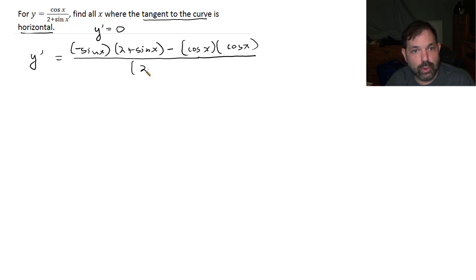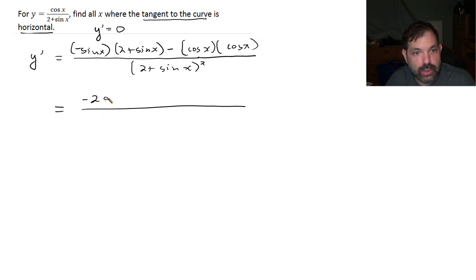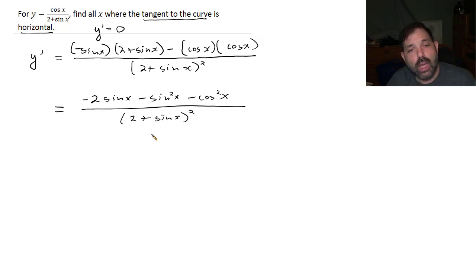The denominator is 2 plus sine x squared. All right, let's simplify the numerator. This would give us a negative 2 sine x, a minus sine squared x, and a minus cosine squared x. And the denominator we leave alone, 2 plus sine x squared.